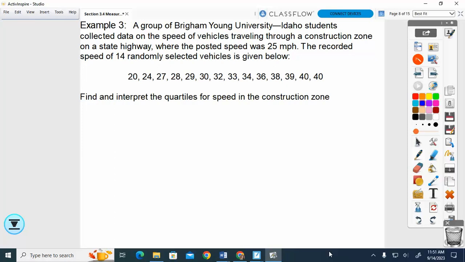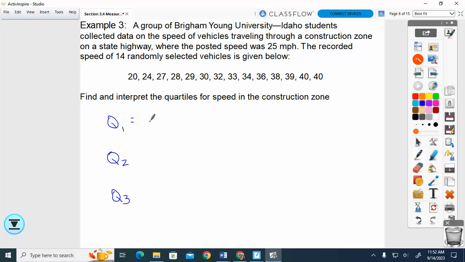Because just like if you're finding, well, let me ask a question. What's another name for the 50th percentile or the second quartile? It's the median. We've already found that, the middle. So when we're finding these quartiles, just like with the median, the data has to be in order from small to large.